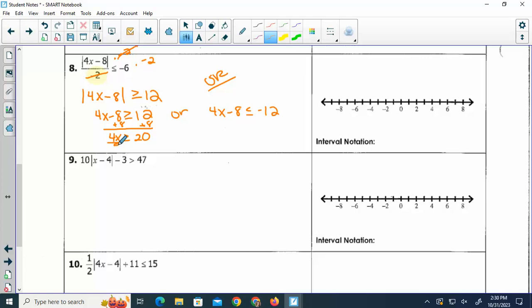Add 8, divide by 4. So the first one I get x is greater than or equal to 5. Second one. X is less than or equal to -1.